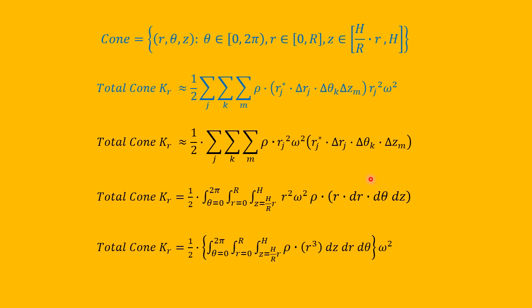So the total kinetic energy of rotation of that cone is given by this. But when we look at this, we notice that omega doesn't depend on any of the variables we're integrating over, theta, r, and z. So this, as far as the integral is concerned, is a constant factor inside the integrand, and we can pull it outside right here.